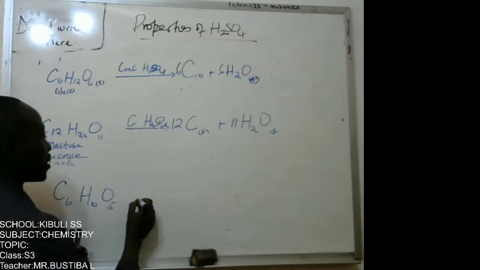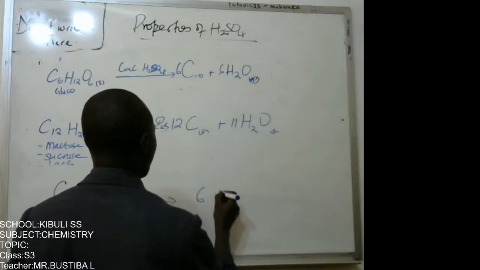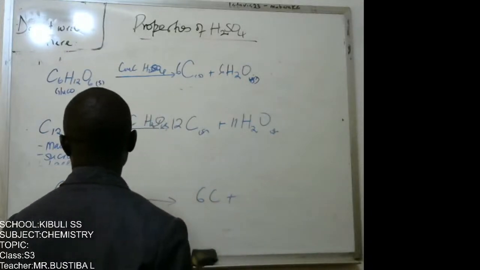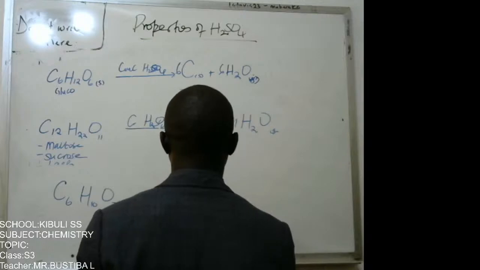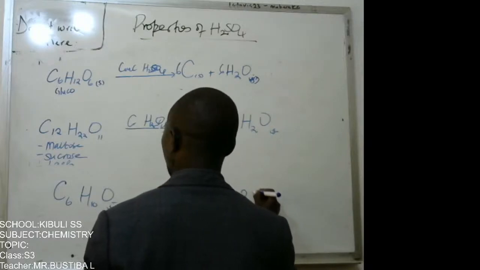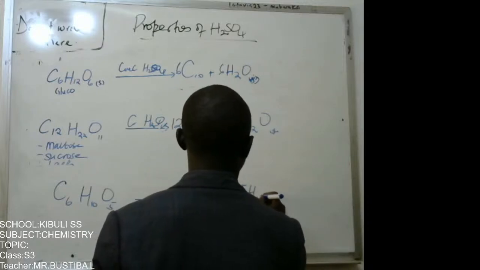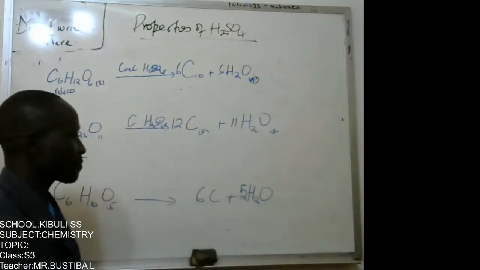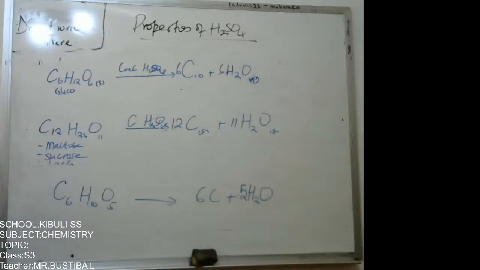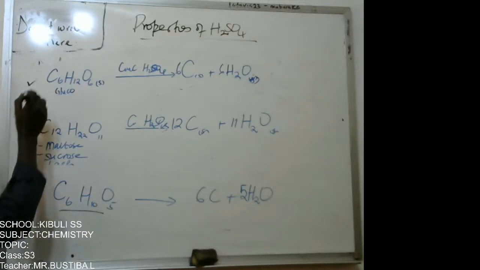What will you obtain? 6 moles of carbon plus 5 moles of what? Of water. Whichever form, don't waste a lot of time on the formula of starch. But you can take this one, you can take that one.